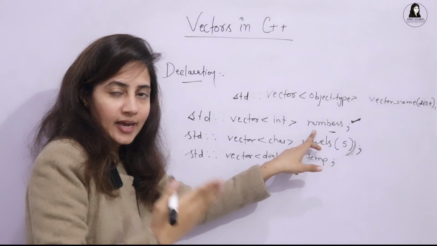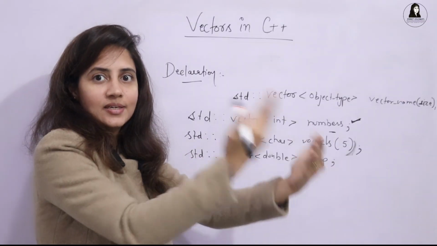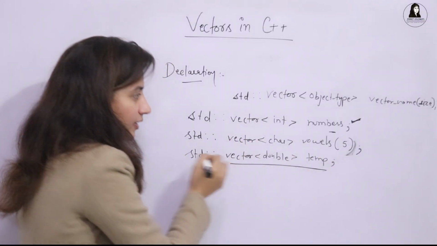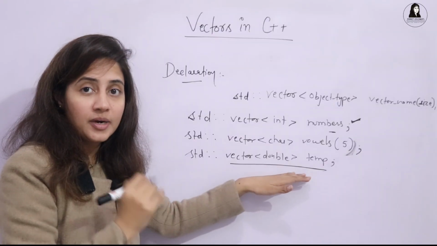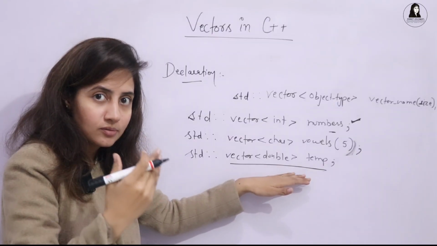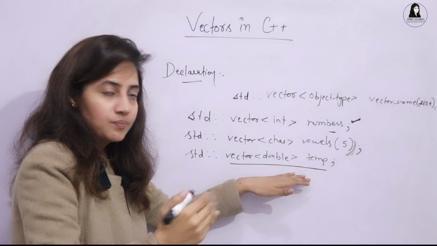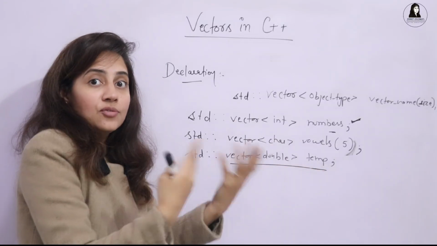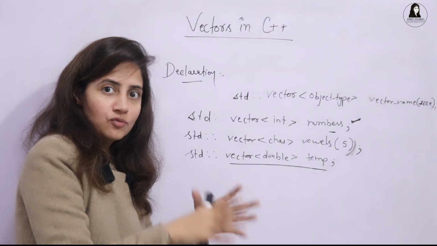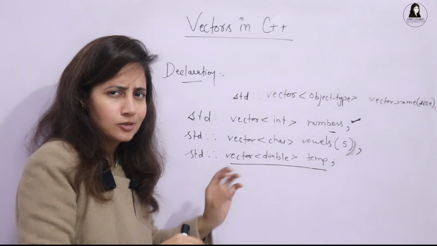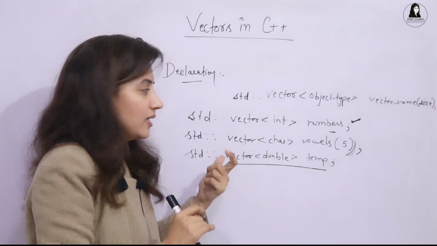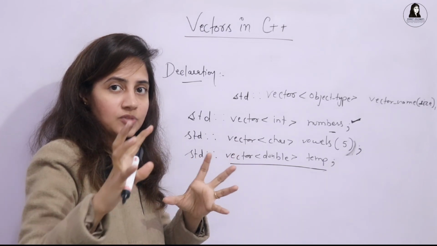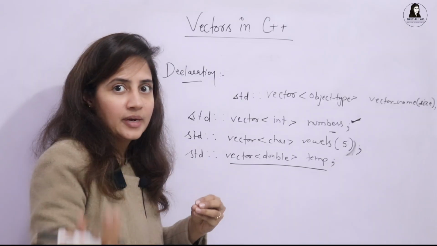If you want to store any element, then the size would be increased automatically. Here also, this is an empty vector. We cannot store any element right now. But if you want to store something, you can initialize this vector and the size would be automatically allocated, automatically increased. These things are handled by vector automatically, because this is not an array, this is a dynamic array. So we can say vector is an array that can shrink and increase its size at execution time automatically.